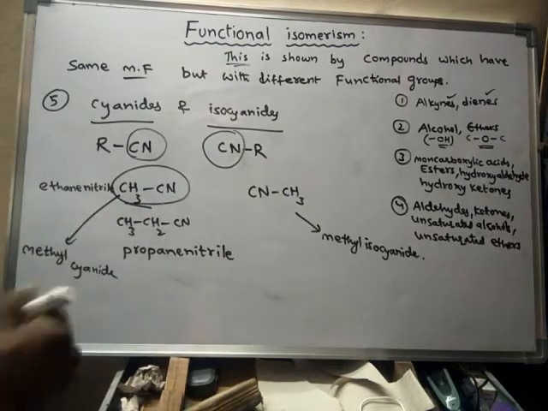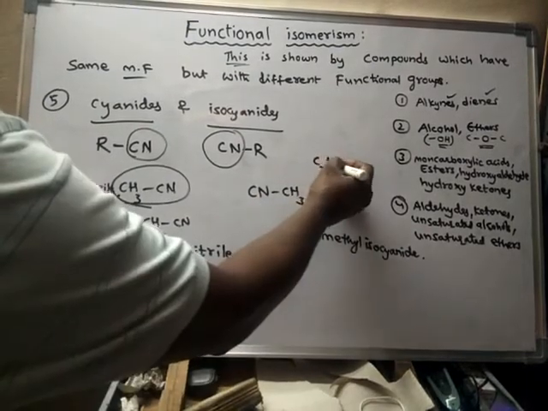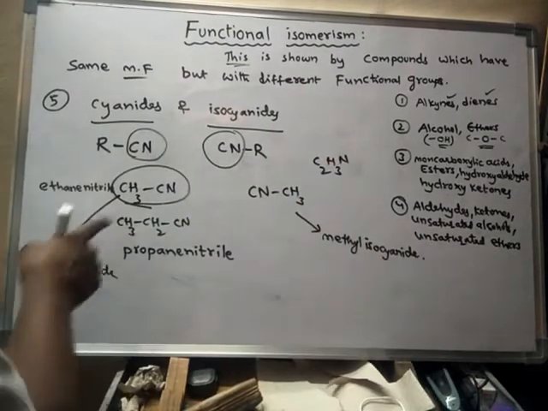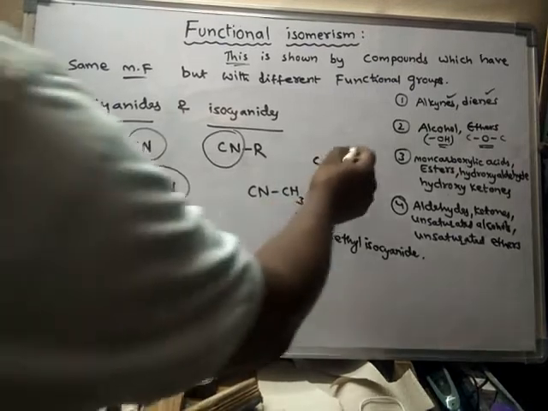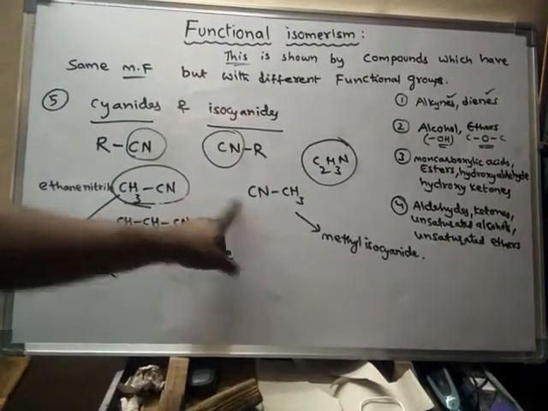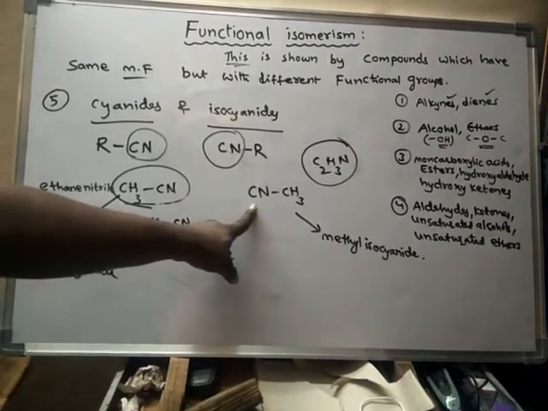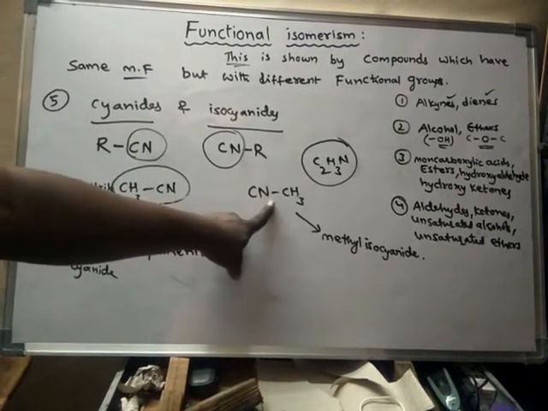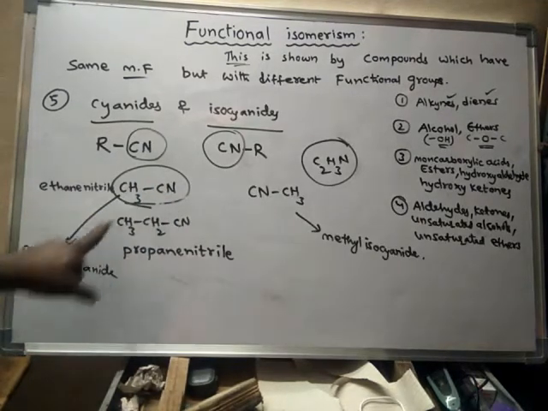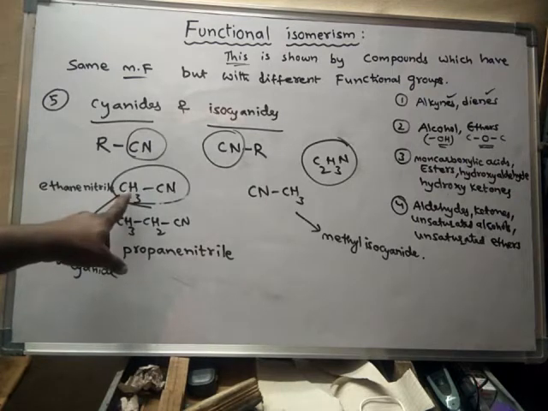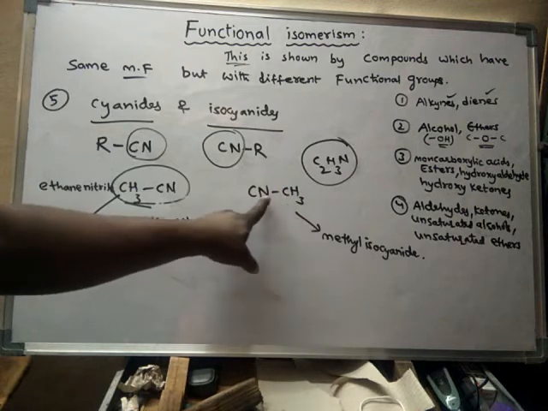What is the molecular formula of this one? C2H3N. This one also has the same C2H3N. These two are different compounds with the same molecular formula. How do they differ? They differ in their functional group. Here the connectivity is differing. Both have CN, but here the other part of the compound is connected through carbon, and here the other part of the compound is connected through nitrogen.